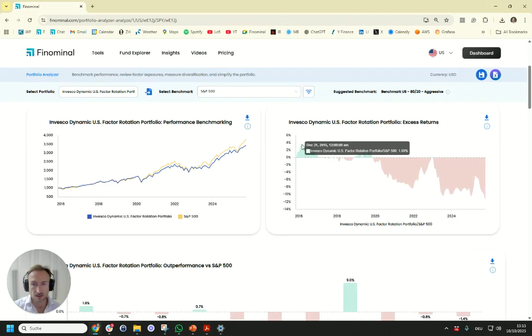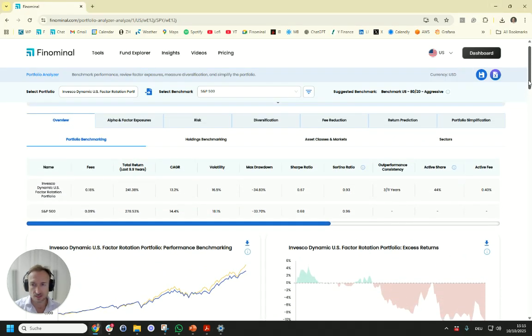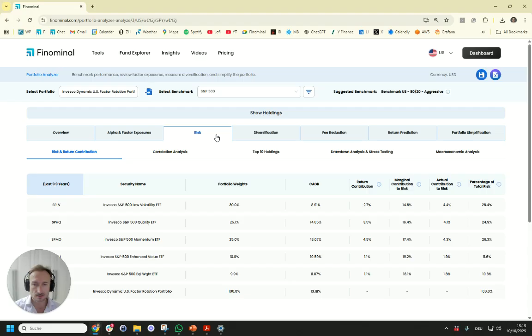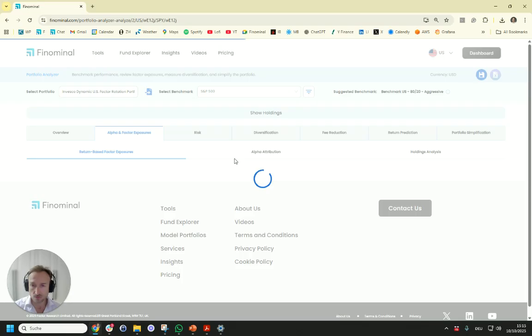Now, in terms of analyzing this further, I think the only other aspect worth highlighting, which also partially explains why it hasn't done much differently than the S&P 500, is that this portfolio is not constructed thoughtfully.